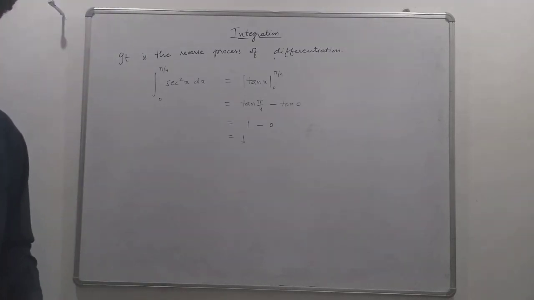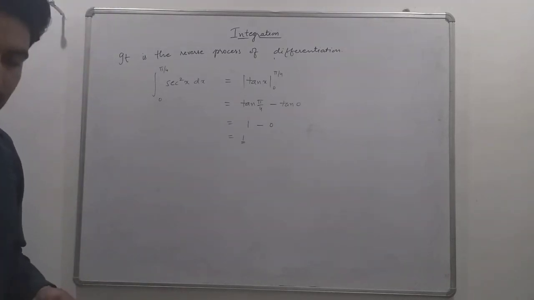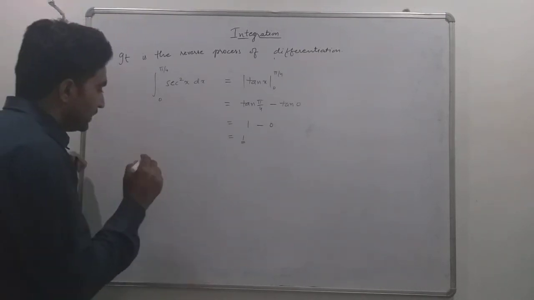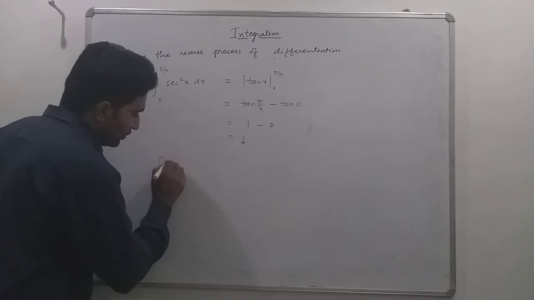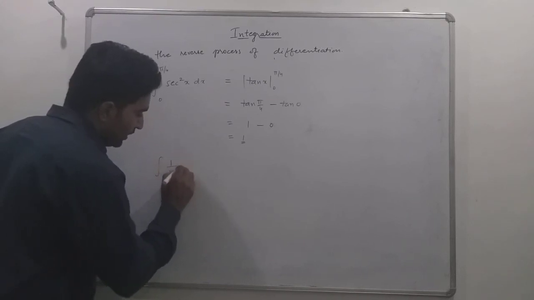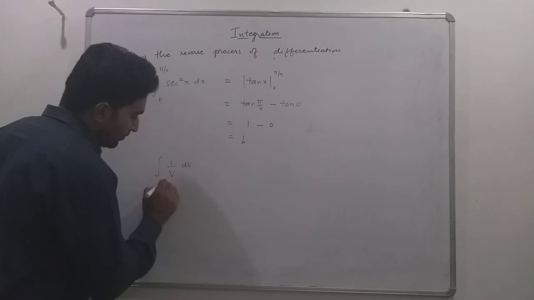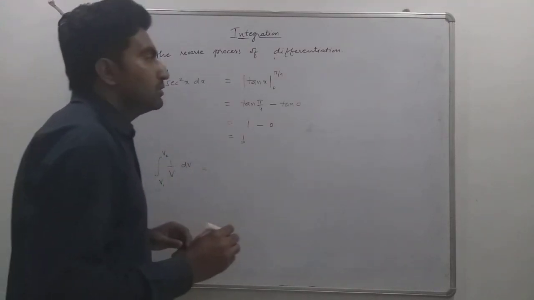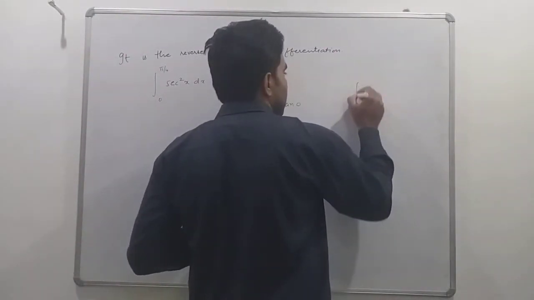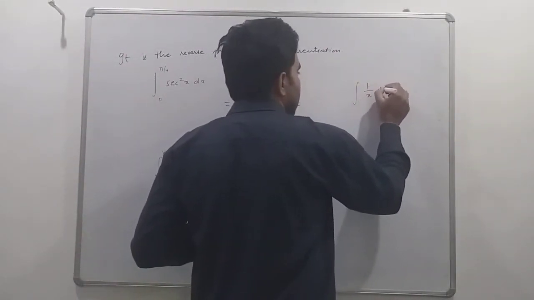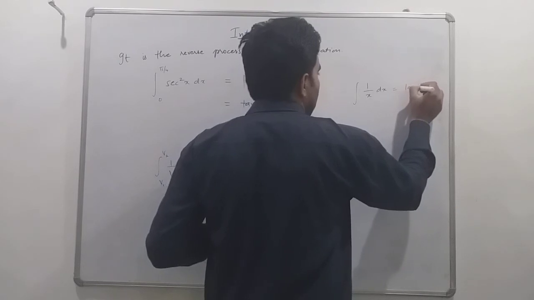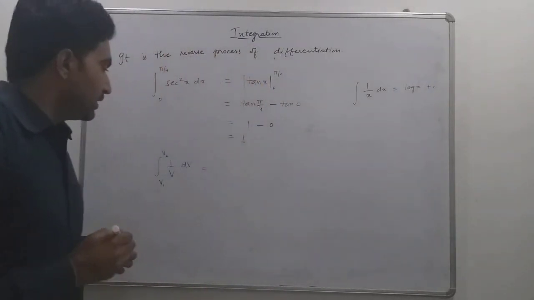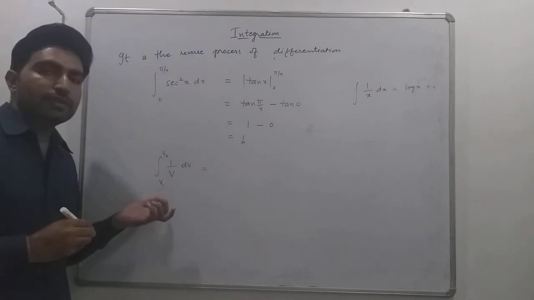Now take some more examples. Suppose we are given an integration where we have to integrate 1 by v with respect to v from v1 to v2. We have already discussed that the integration of 1 by x dx is equal to log of x plus c in case of indefinite integration, but here the limits are given, so it is a definite integration.